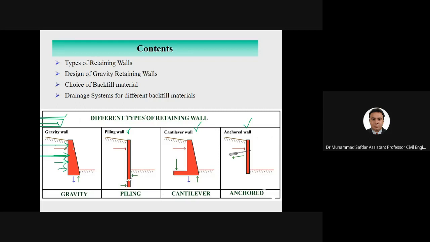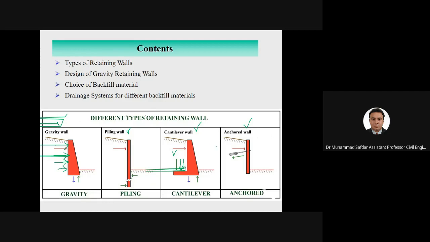Sheet pile walls are also constructed to retain the soil, and the cantilever wall just to reduce the amount of concrete or the stone masonry used and to utilize the weight of the soil, backfill soil.